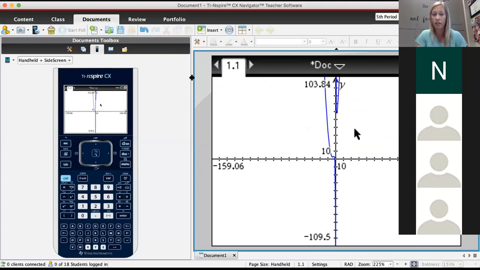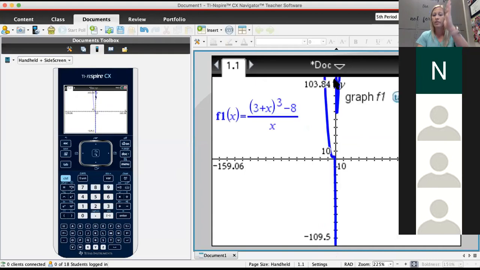So that's a good one to look at. So there are actually 2 branches. If I'm approaching 0 from the left, we saw this branch goes down to negative infinity. If we approach 0 from the right, there's another branch going up to positive infinity, which is why it does not exist for us. But checking a graph to make sure that the ends go in opposite directions is always a good plan for that kind of question.